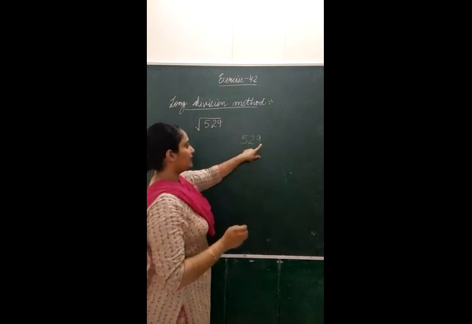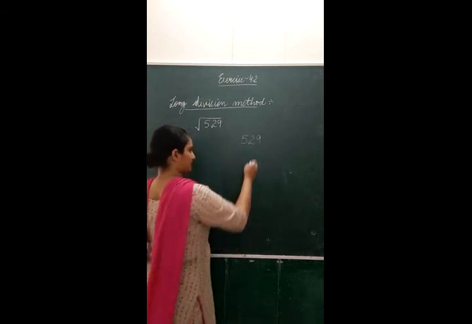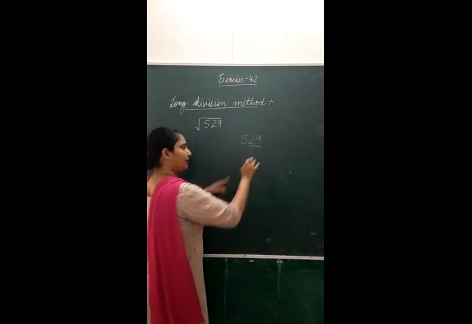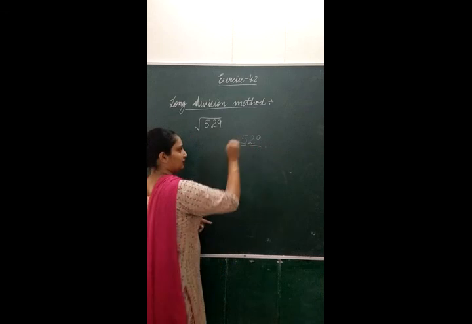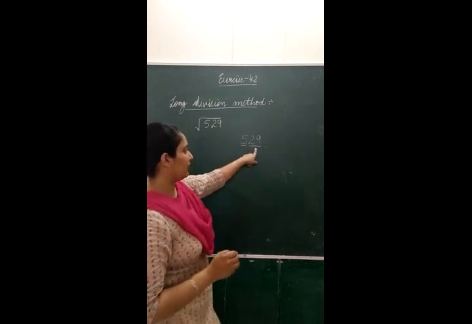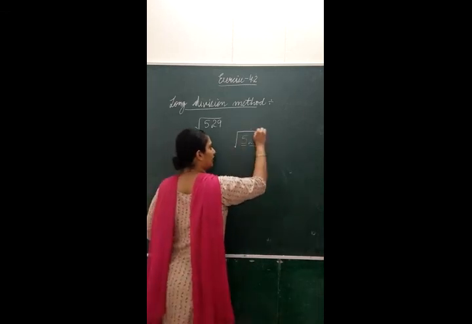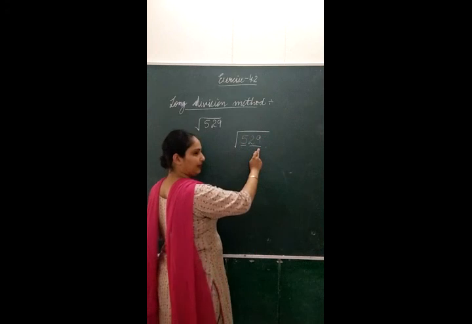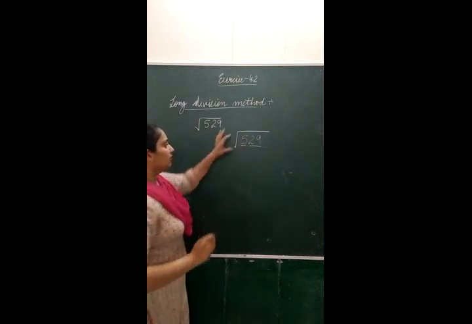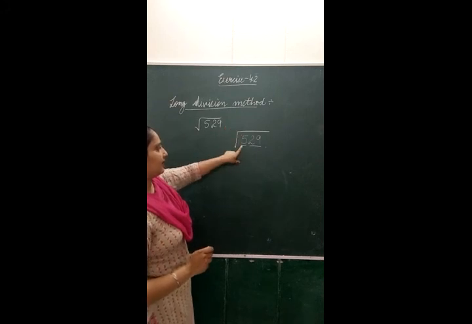So firstly, we will start from the ones place and we will make the pairs. This one pair, and 5 is the other. So these pairs are known as the periods. So now in this question we are having 2 periods. So now we will start with the extreme left number, that is 5.